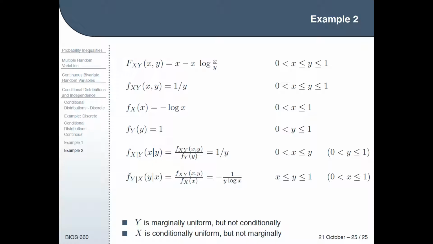And so we see here that y is marginally uniform: if we don't know anything about x, y is just uniform on 0 to 1, but given x, it's not uniform.